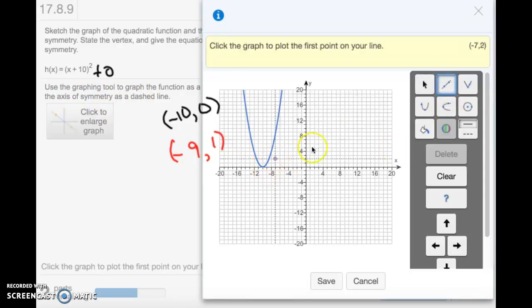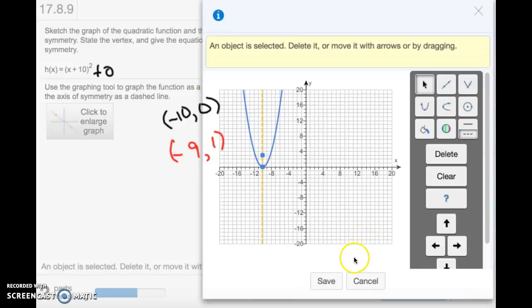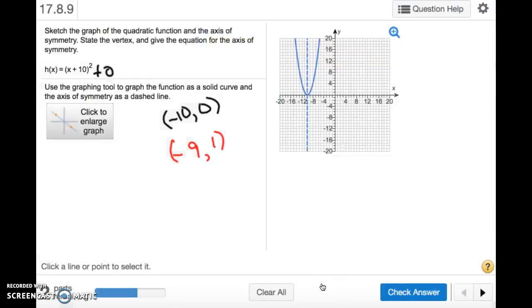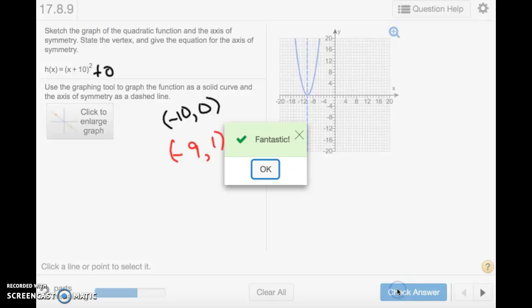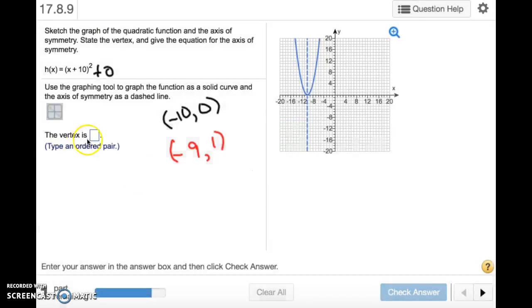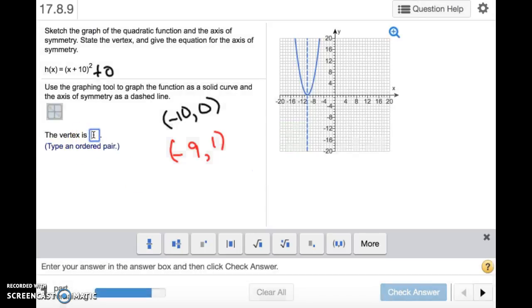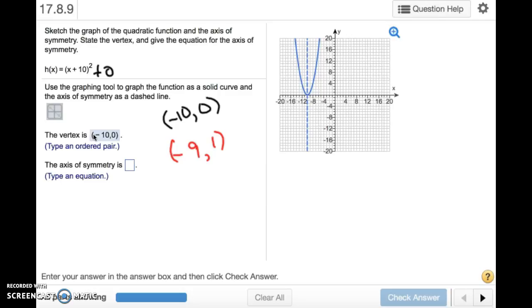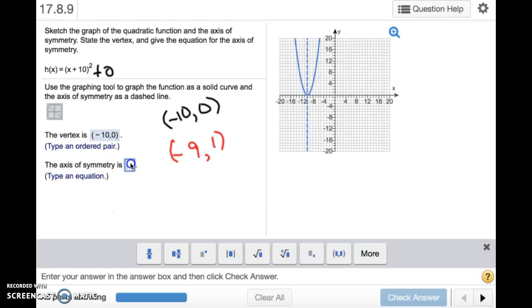So I click on the line, change it to dashed, draw a vertical line through the vertex, hit save. And now I'm going to check my answer. And once again, I'm asked to enter my vertex and my axis of symmetry as an equation.